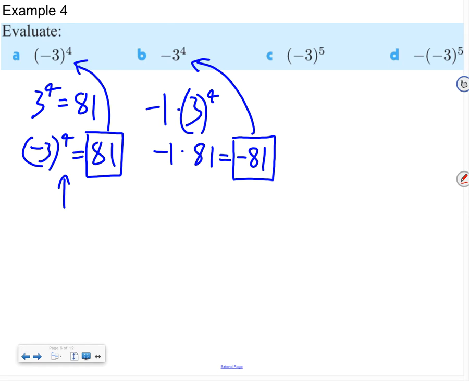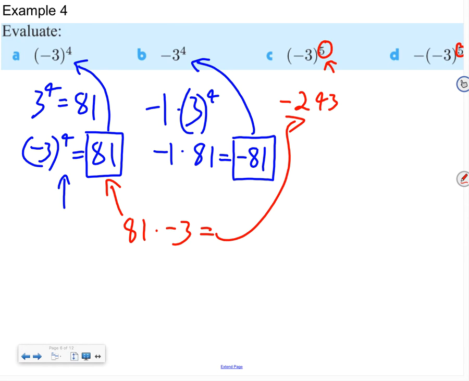Okay, so let's look at C and D where we have odd indexes. Negative 3 to the fifth is going to be 243, but because it's odd, this will still be negative, because negative 3 to the fourth is positive. Then when we multiply that 81 by negative 3 once more, it goes back to being negative 243.